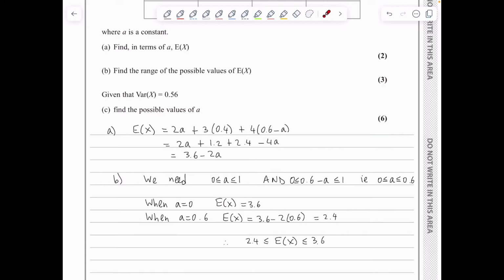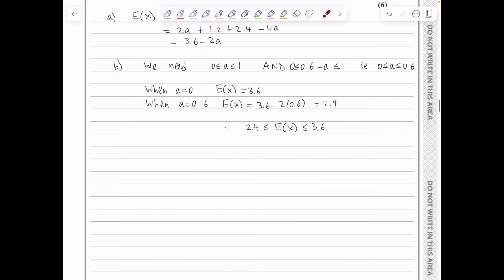In part C, we are told that the variance of x is 0.56, and we need to find the possible values of A. So I will actually start by finding the expectation of x squared, which is needed when we calculate variance. So the expectation of x squared is simply taking the x value, squaring and multiplying by the associated probabilities.